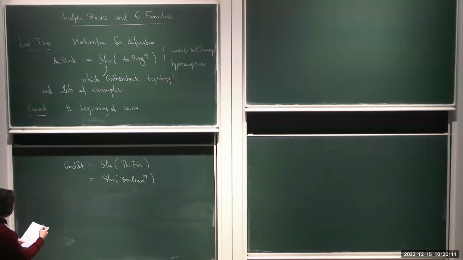And now we are repeating this game with a much broader class of basic geometric objects corresponding to these analytic rings. These are able to model all sorts of different geometries. They can model algebraic geometry, some p-adic geometry, some adic geometry, some complex geometry, whatever.